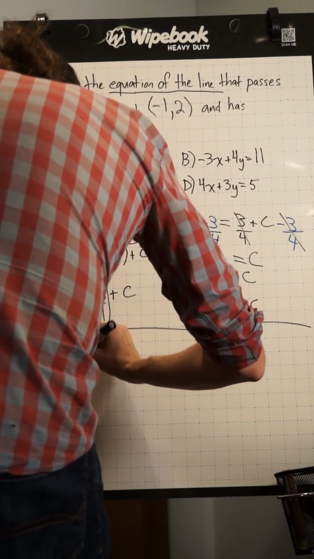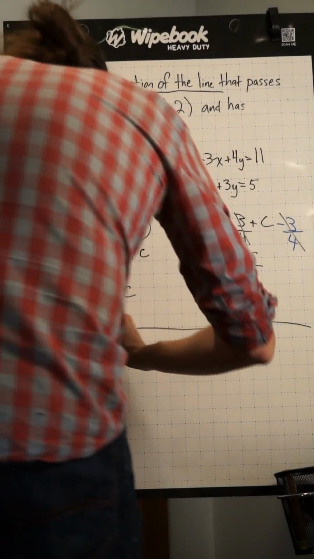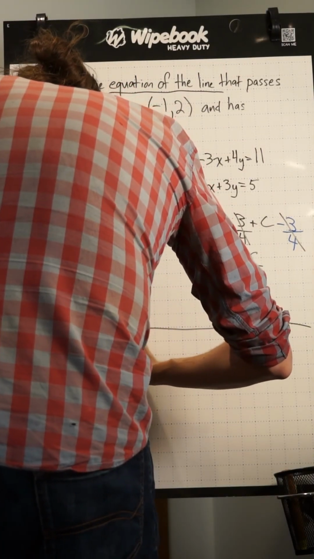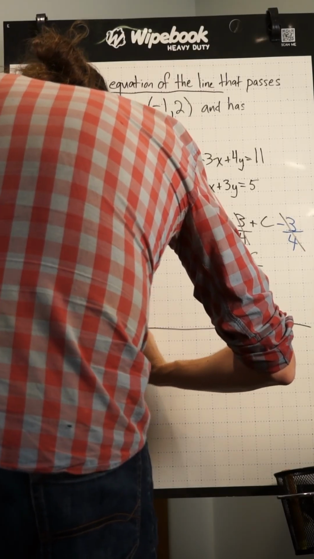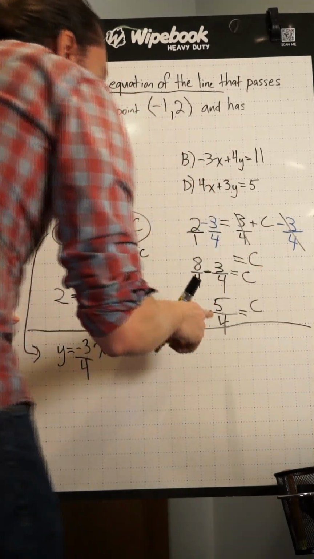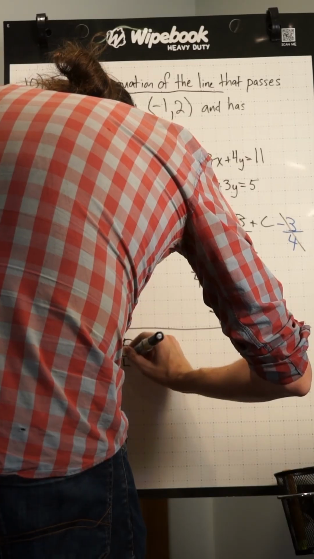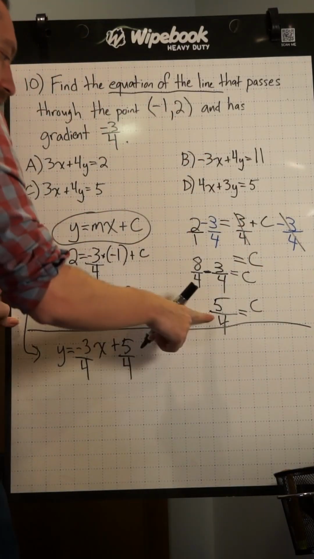So we have y equals to m, right? Remember m, the gradient, was minus 3 divided by 4, times x, and then plus 5 divided by 4. Right? Instead of c, we have 5 divided by 4.